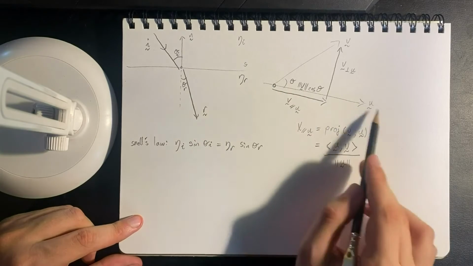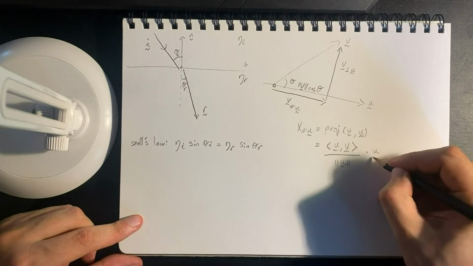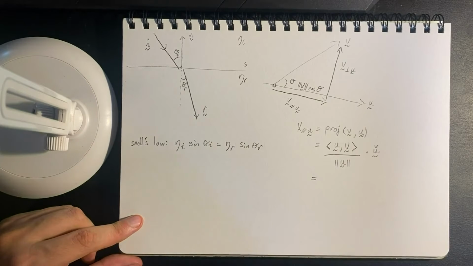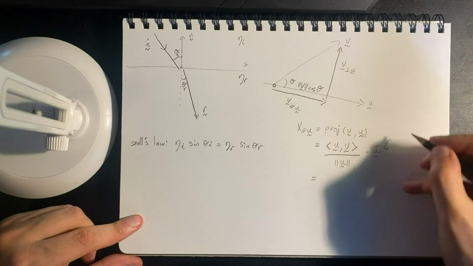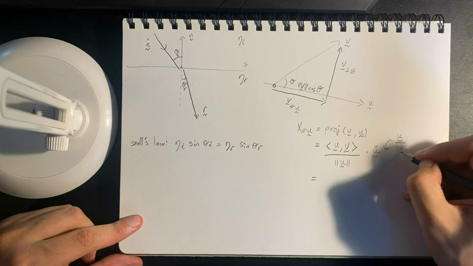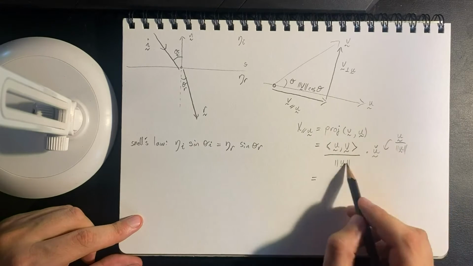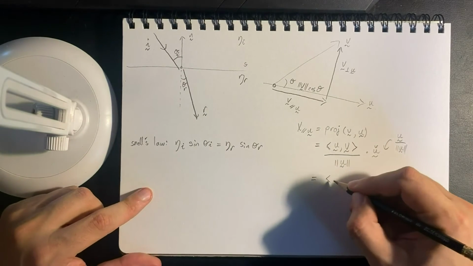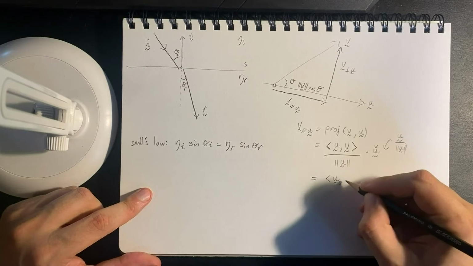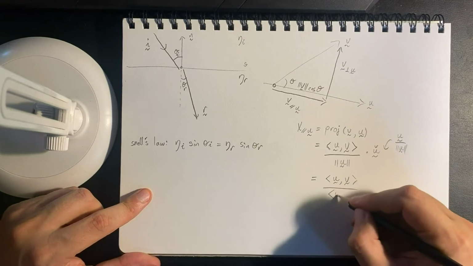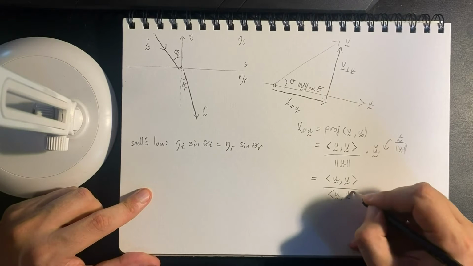In order to orient it in the direction of u, I then need to multiply it by normalized u. But then, normalized u will be u divided by its own magnitude. And then if we look at these denominators, they'll come in together and we'll have magnitude of u squared on the bottom. But as you may be familiar, the magnitude of a vector squared is really the inner product of that vector with itself.